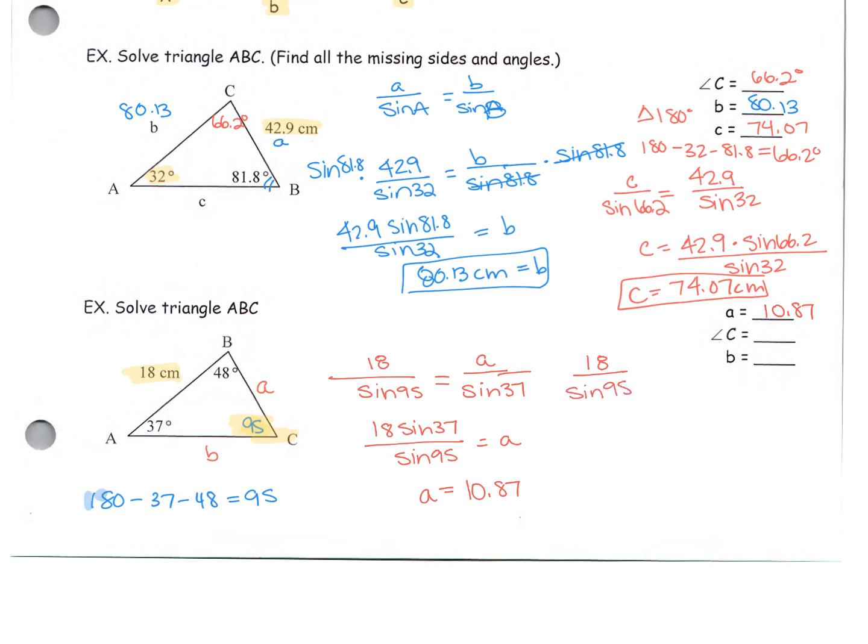That's my side C and angle C. I'm going to set it equal to side B over the sine of angle B, which is 48. Let's multiply that sine 48 over. I get 18 times sine 48 all over sine of 95 equals B. I'm going to put those into my calculator and get B equals 13.43.